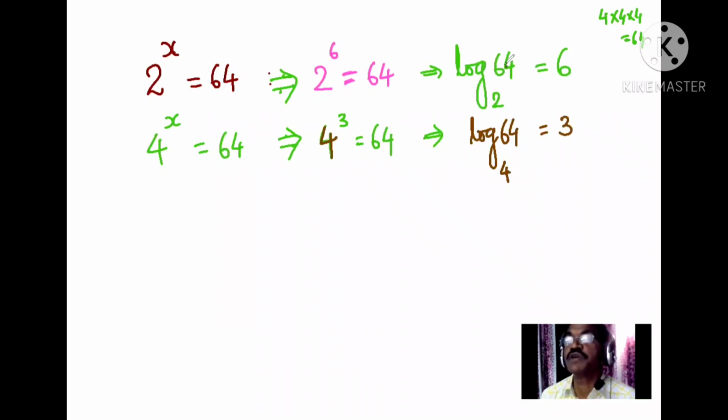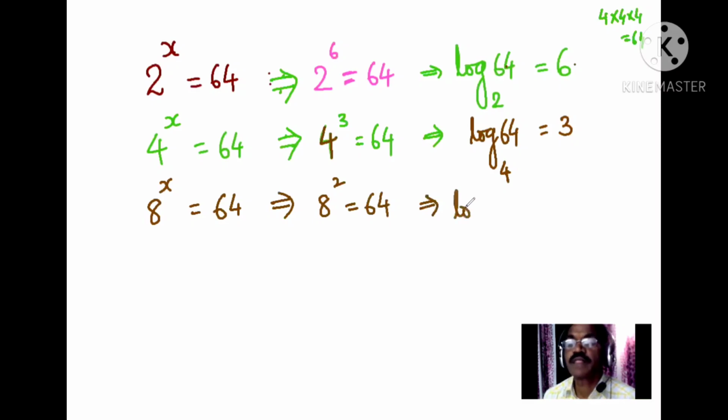The logarithm of 64 is 6 when the base is equal to 2. If I take the base as 8, that should be raised to which number? 8 squared. 8 eights are 64, so 8 squared is 64. Therefore, the logarithm of 64 base 8 is equal to 2.